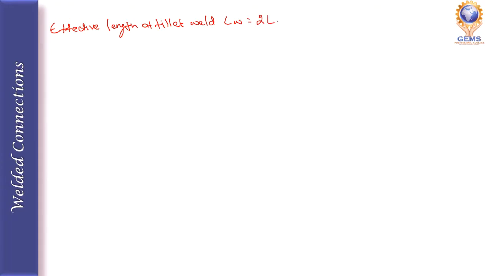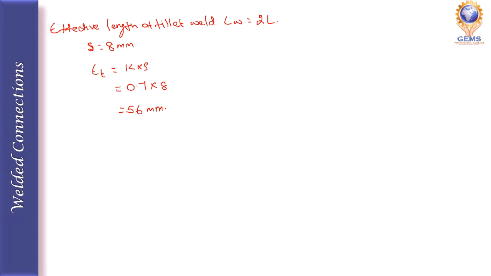And we know the size is equal to 8 mm, it is given in the question itself. So what is the effective throat thickness? That is K into S, equal to 0.7 into 8, that is equal to 5.6 mm.